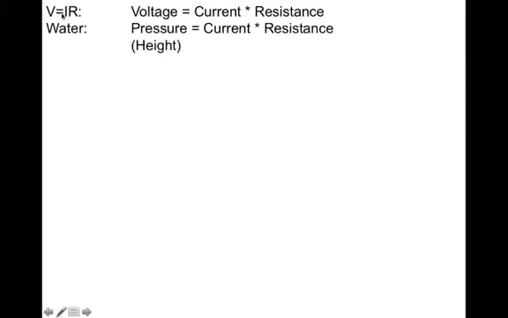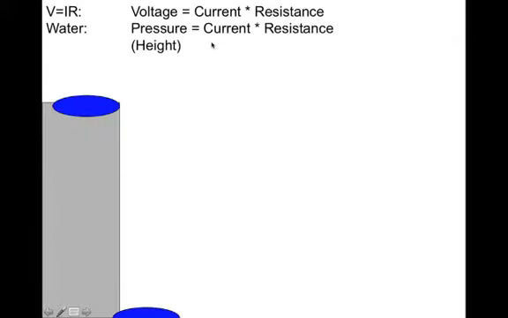Voltage is equal to current times resistance. It's kind of like in water, the pressure that you have to drive some water through a sprinkler head or through a hose is equal to how hard it is to push it through the hose times the amount of water, or the current of water, that you push.